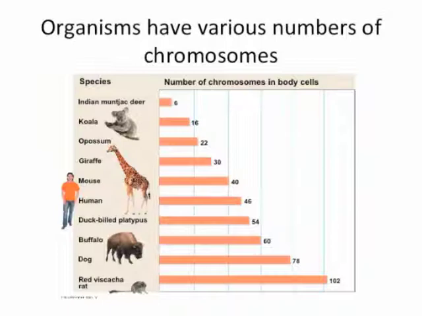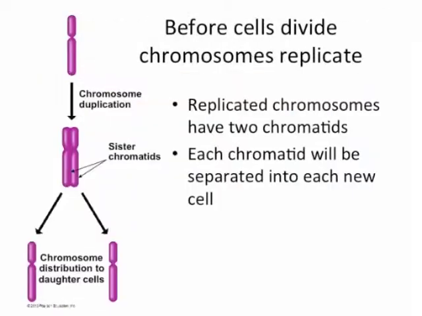So during cell division, each one of these 46 chromosomes is going to first be replicated or duplicated, and then it'll be separated. We're going to talk about something called the cell cycle, which is really the whole cell's life cycle from when it first is created to when it divides again.